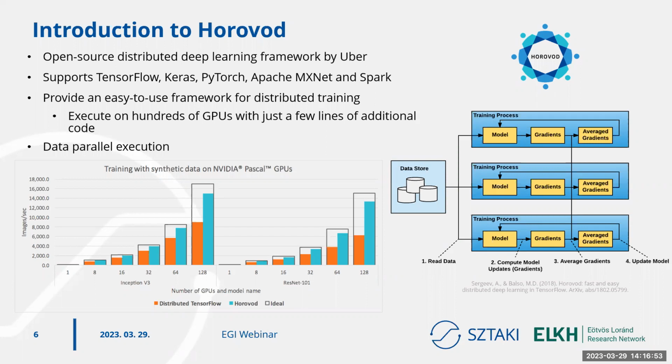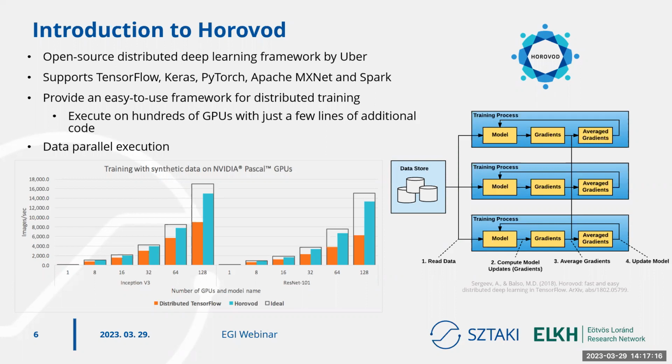Now, Horovod is fairly successful. As you can see on the left side graph, it can achieve much better performance when compared to distributed TensorFlow. Even on 128 GPUs, it has achieved close to 90% scaling efficiency, meaning that we can much better utilize our resources.